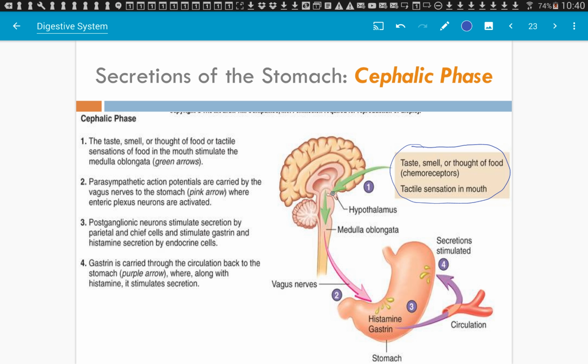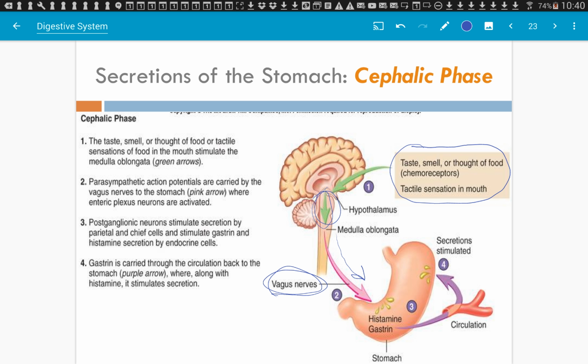And that goes to the medulla oblongata. The medulla oblongata is going to play a big role in digestion and swallowing. Okay, this is that important part of the brain stem. So that information travels down to the stomach through the vagus nerve. Vagus nerves, remember those? And what does it do next?